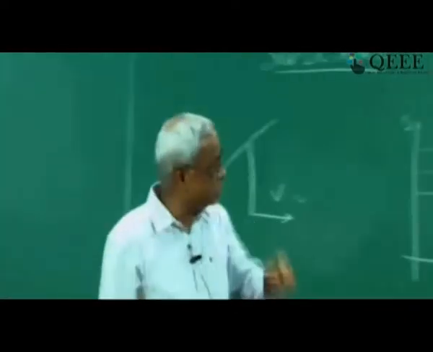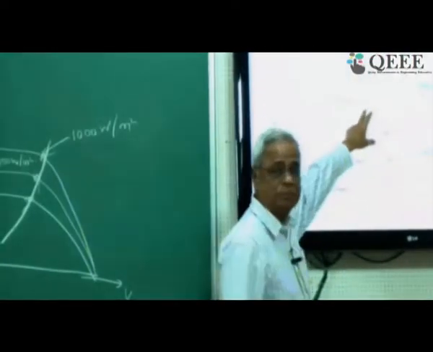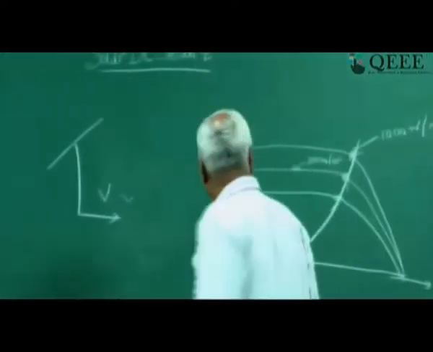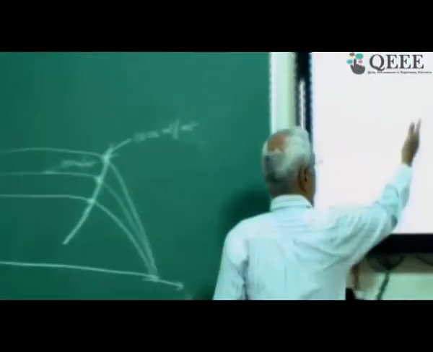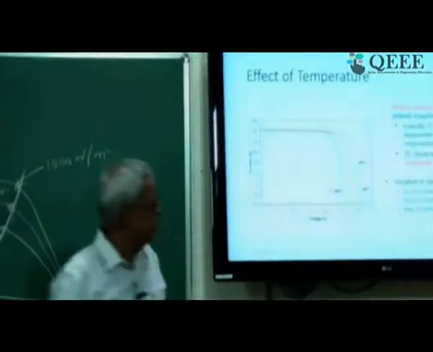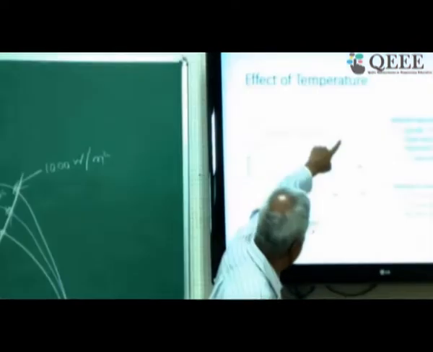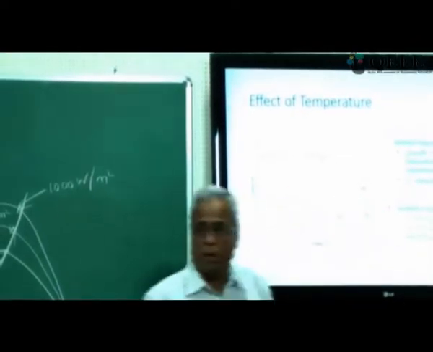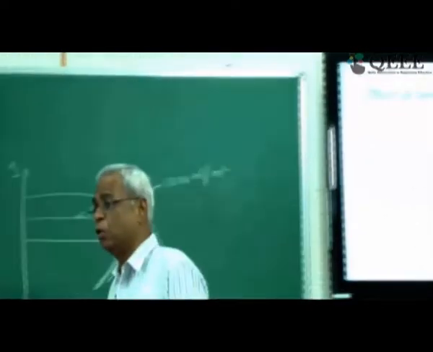What does it say? It says that at 25 degrees centigrade, I will probably get slightly more power than at 60. But its maximum power point voltage will also change fairly quickly. I may have a maximum power point of 0.56 and I may have to use a maximum power point of 0.50 for the higher temperature.